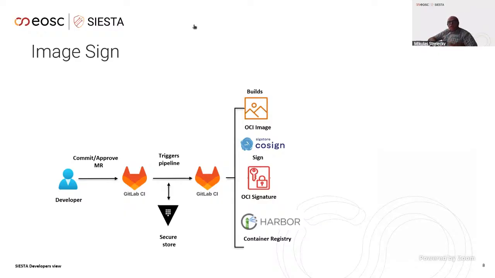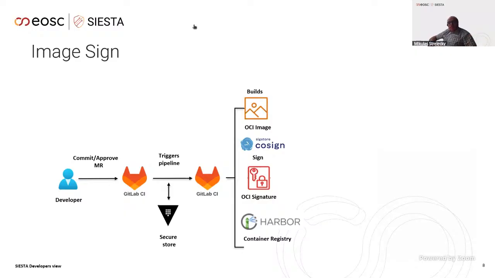It builds the OCI image and signs it. As you may see, we are using the tool called Cosign from Sigstore. We sign these images with the keys, and the image is signed and placed into the Harbor registry. We use Harbor because it's OCI compliant and has Cosign available, so we will not allow pulling images to the cluster which are not signed.